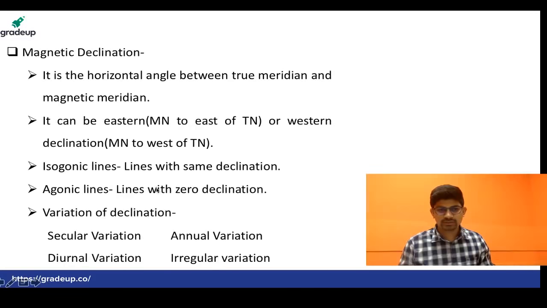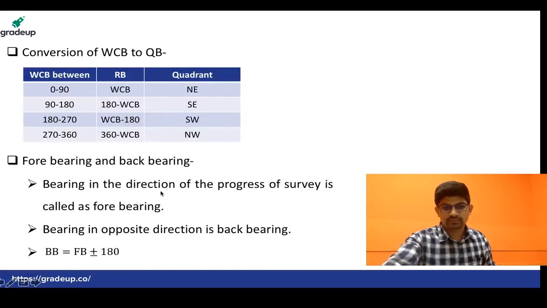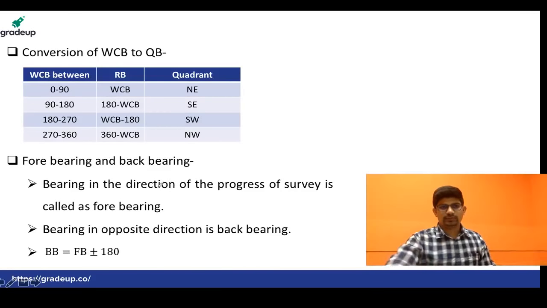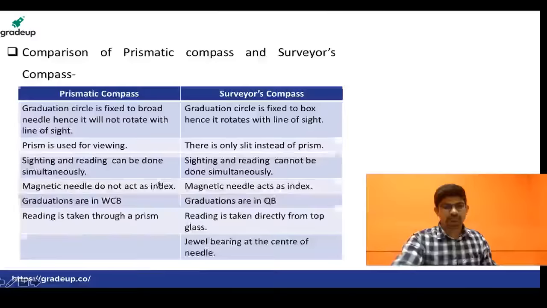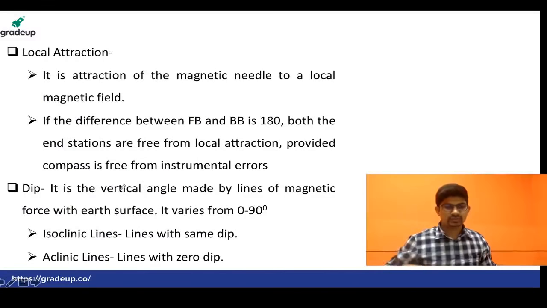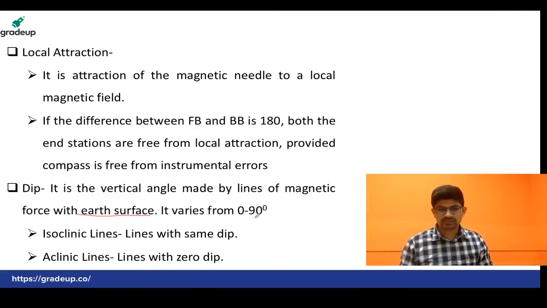Just remember it in this way. It varies from 0 to 90 degrees, and like I have told already, isoclinic lines and aclinic lines. Now what are isoclinic lines? They are lines with the same dip.